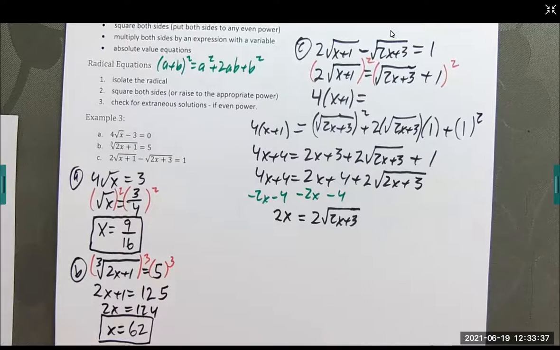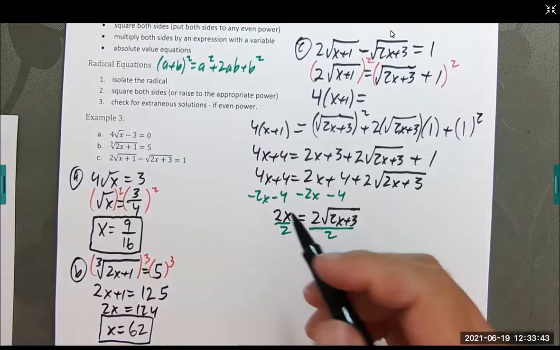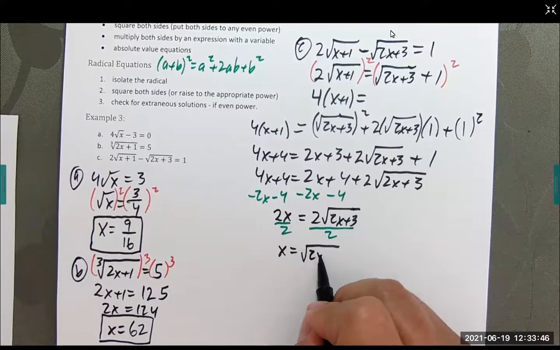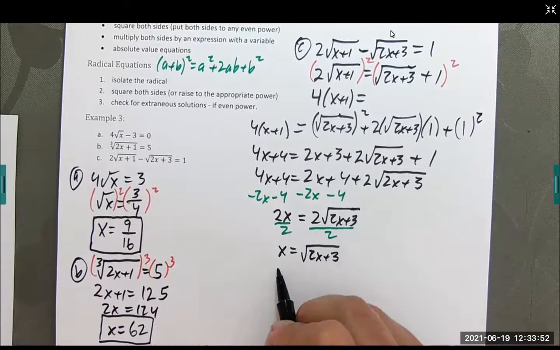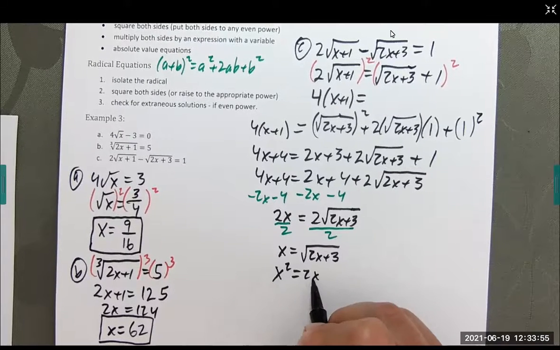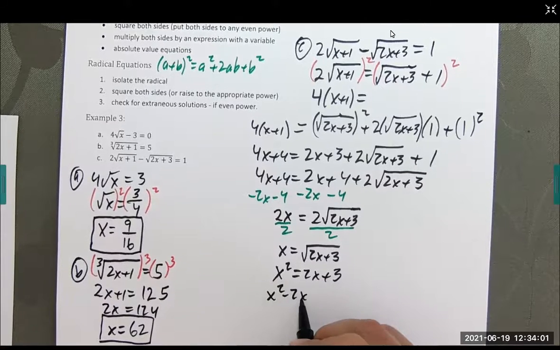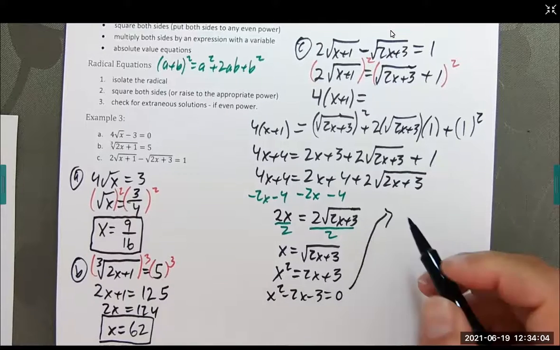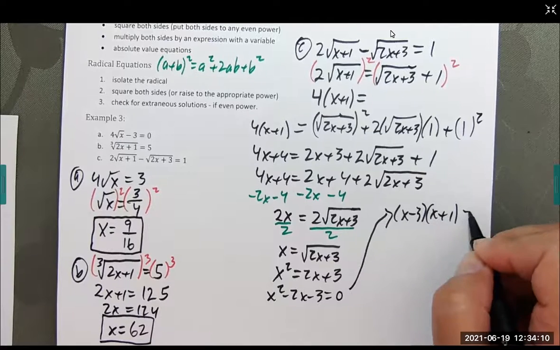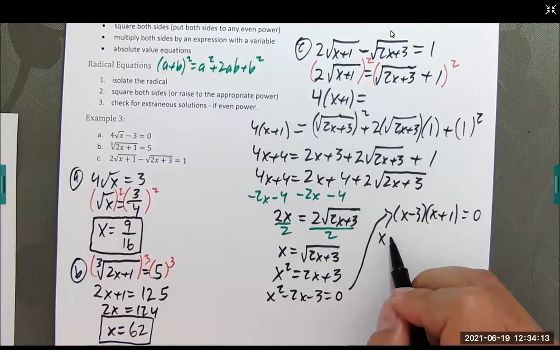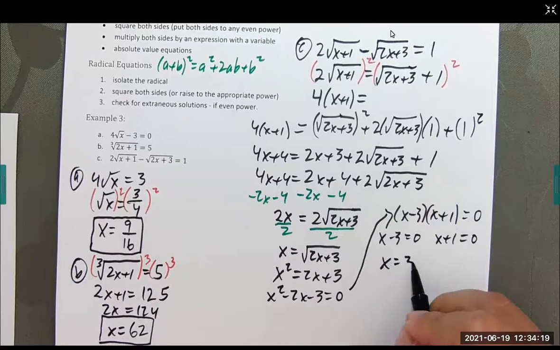And I can divide a 2 out. X equals radical 2x plus 3. Now, I'm going to square both sides again. And I'm going to move everything over to get it equal to 0. This factors x minus 3, x plus 1. This means x equals 3 or x equals -1.